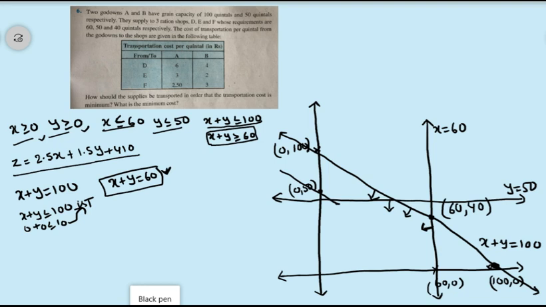Take care, already the line x plus y is equal to 100 is there. Both the lines are parallel. Draw in such a way, both the lines are parallel. These two lines, x plus y is equal to 60 and the other one is x plus y is equal to 100. Both the lines are parallel, same slope, right?